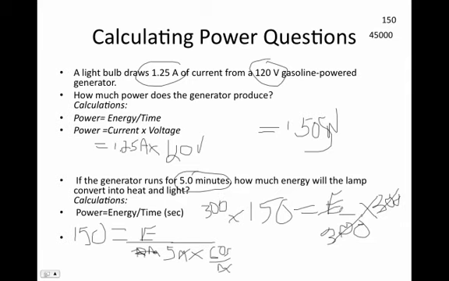And so energy in joules is equal to 150 times 300, which is 45,000 joules, or 45 kilojoules.